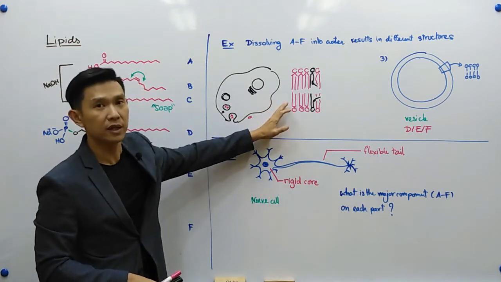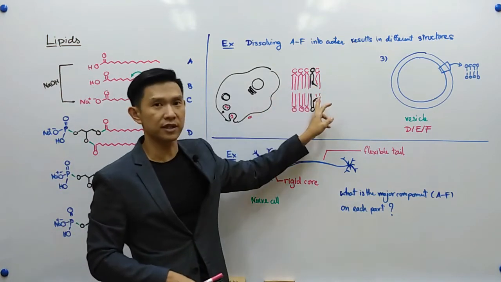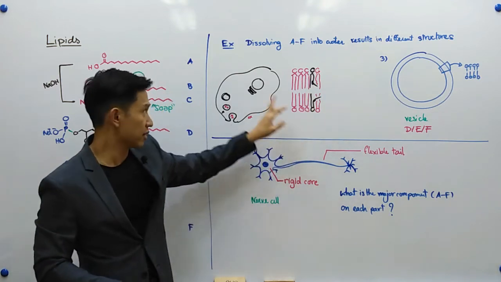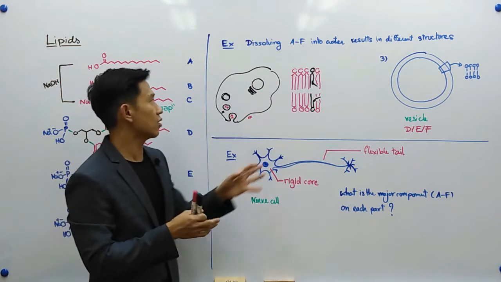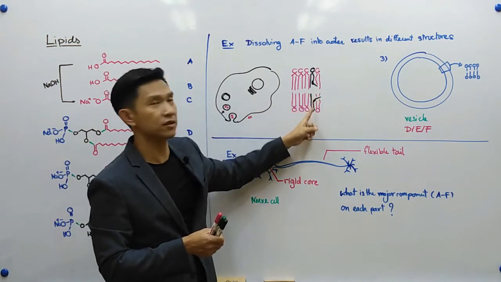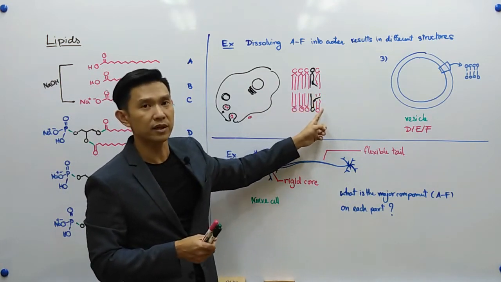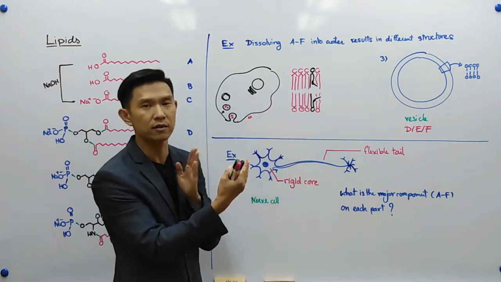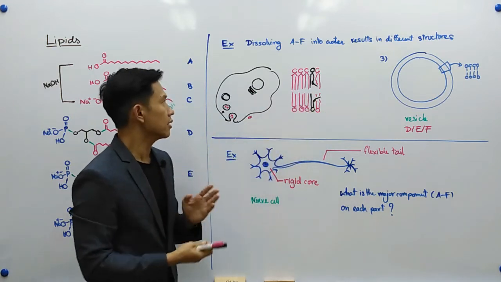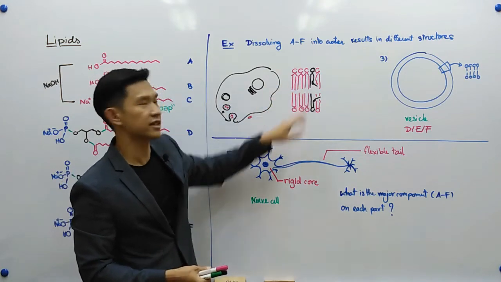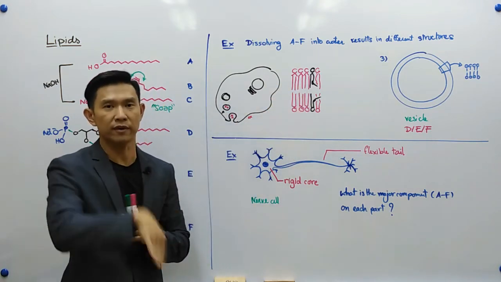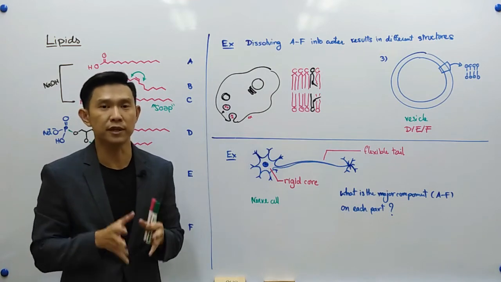Like this picture. If you incorporate the cis isomer into the structure, then the packing is loose because of the steric effect from the double bond over here. So it prevents them from packing densely. That means lipid bilayers composed of unsaturated fatty acid are quite flexible because they are loosely packed.